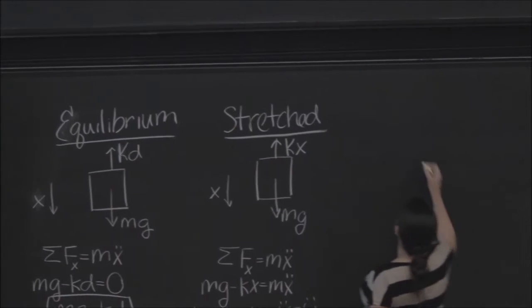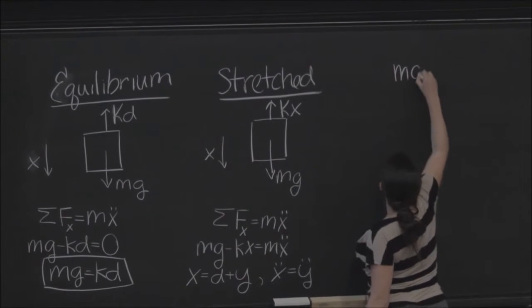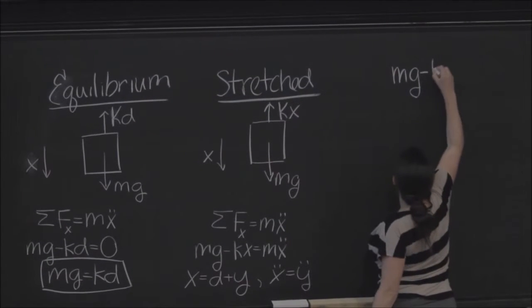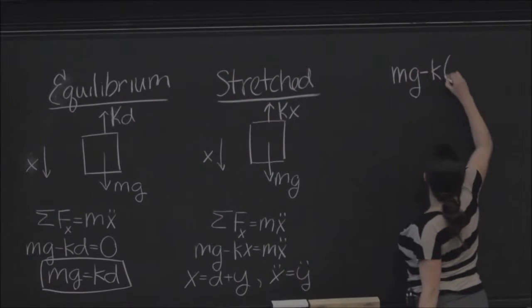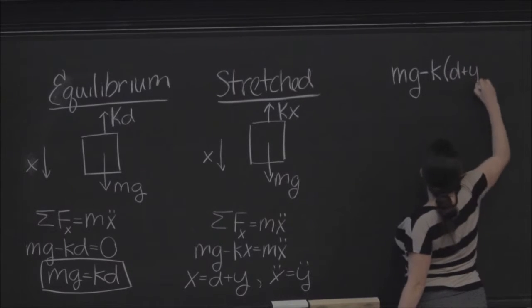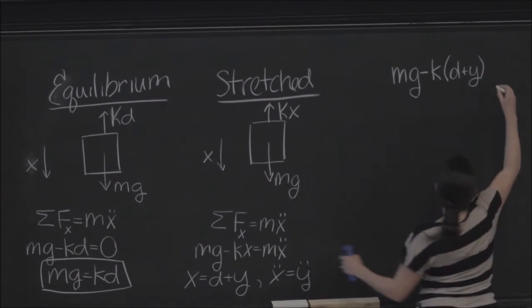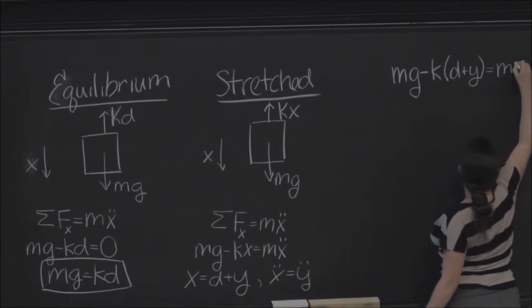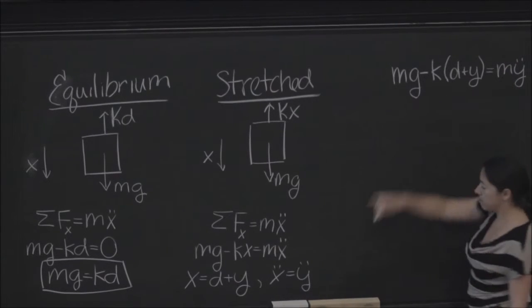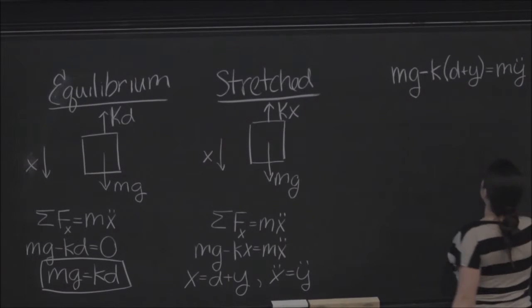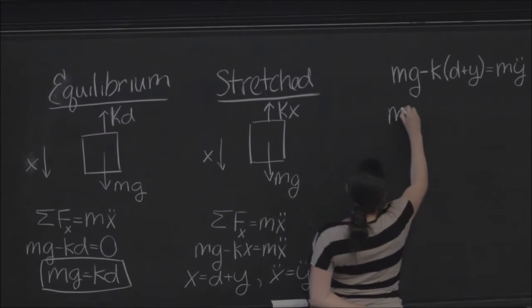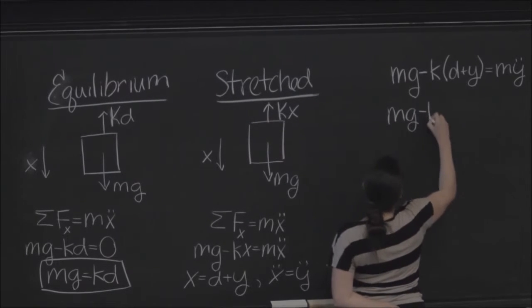All right. So let's see. I have mg minus k times x. Now instead I'm going to write d plus y. And instead of x double dot, I'm going to write y double dot because they're the same thing, right? Okay, so now if I simplify that out, I'm just going to expand out the k.